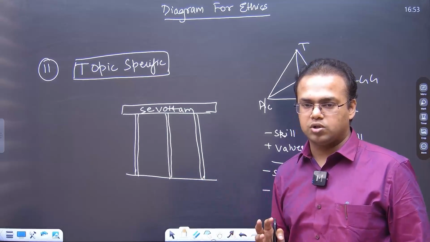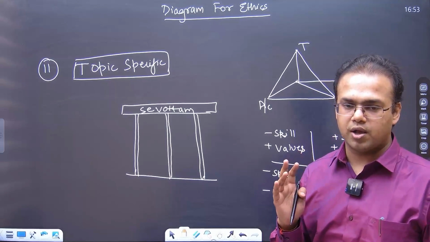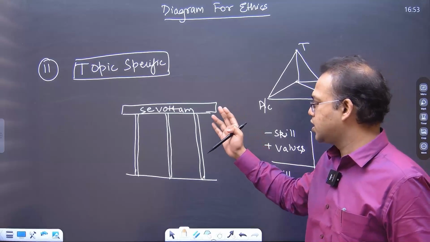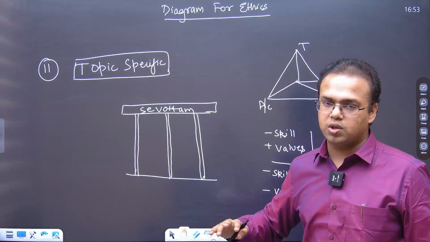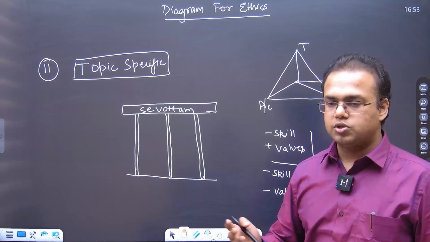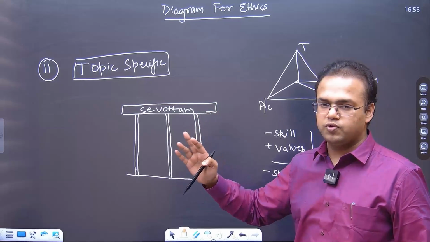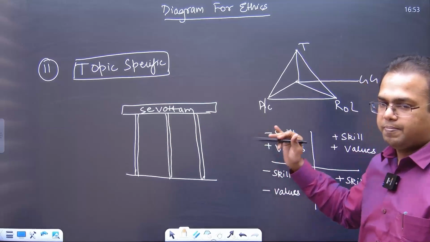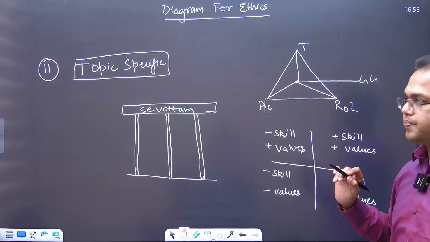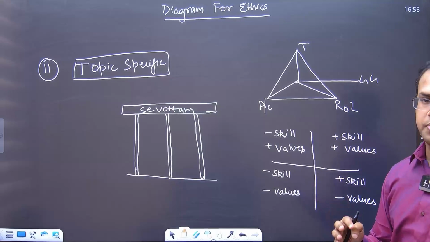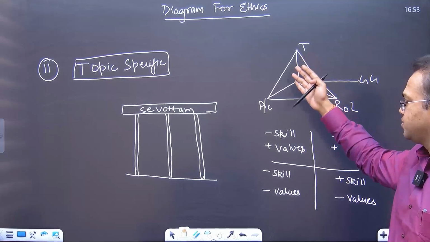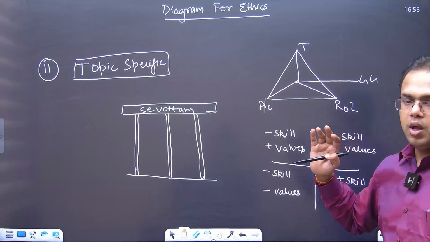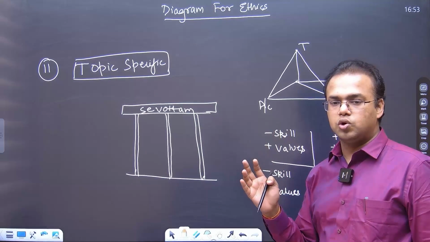And last but not the least is the topic specific diagram. For example, if you have studied Sevottam model for public service delivery, you would know that Sevottam is driven by 3 pillars. So this is a 3 pillar model of Sevottam which can be labeled accordingly. Then there is a prism diagram that is very common between pub-ed students, that the edges of the prism is represented by transparency, accountability, and rule of law, and at the center lies good governance.